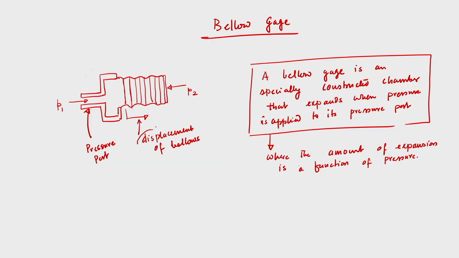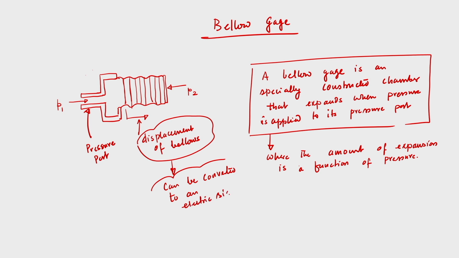Now this displacement of the bellows can be converted to an electric signal. That is what we have seen for the last case as well. So now if we convert that displacement to an electric signal, then from there we can measure the amount of expansion, and which will give us the measured pressure difference that we have applied. That is the gauge pressure essentially.